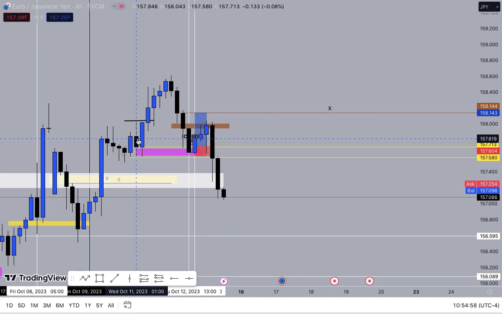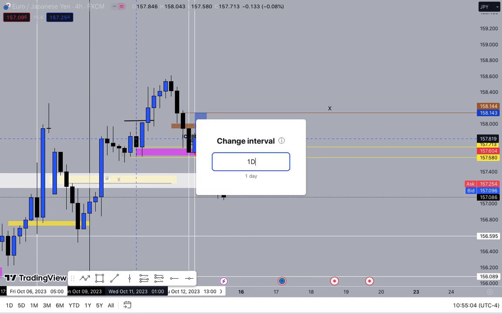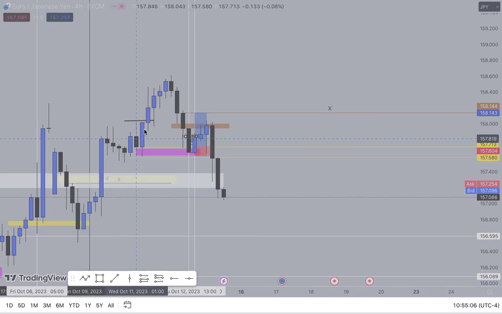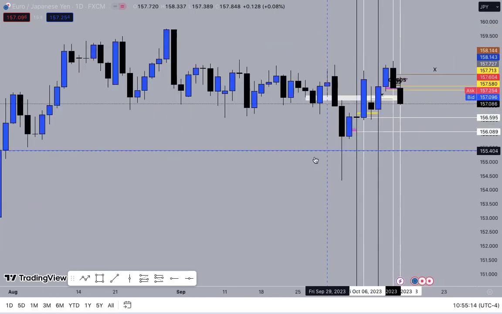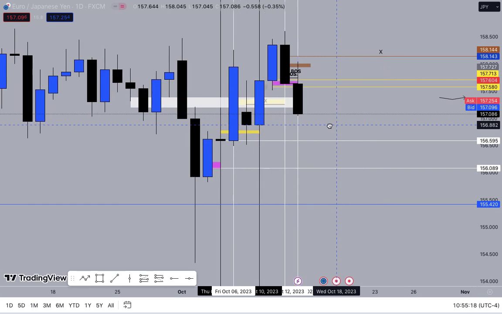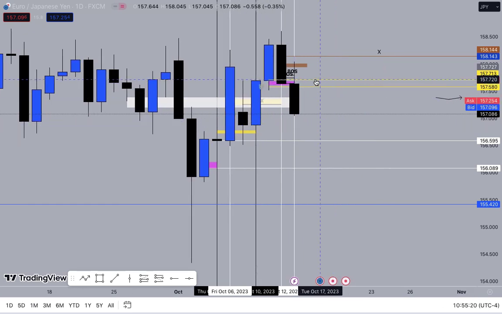Now, if we go to the daily time frame, let's see if we're going to see that particular support, just to be sure. Now, this is the daily time frame. Where is my support? These two lines.